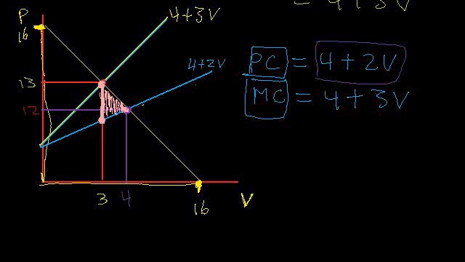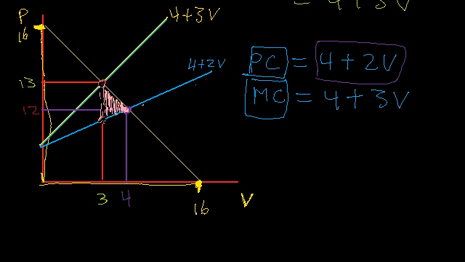Okay, so to finish off this example, what we're trying to do is find the distance between this point and this point, which is the amount of the toll that's required to get to the efficient traffic volume.